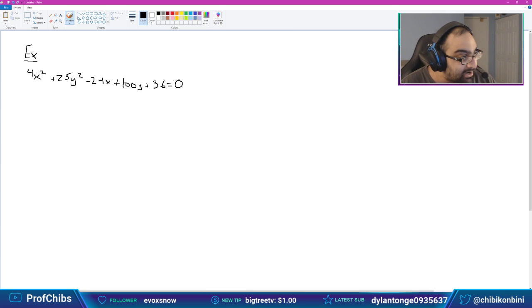So we got 4x squared plus 25y squared minus 24x plus 100y plus 36 is equal to 0. Now you're probably saying, oh my goodness, this is an ellipse? Yeah, it is an ellipse, but it doesn't look like an ellipse right now. What it looks like is very intimidating, and I'm not going to lie, that is very true.